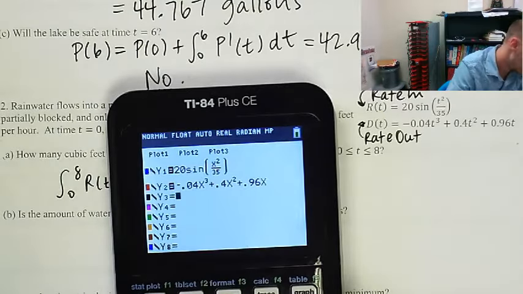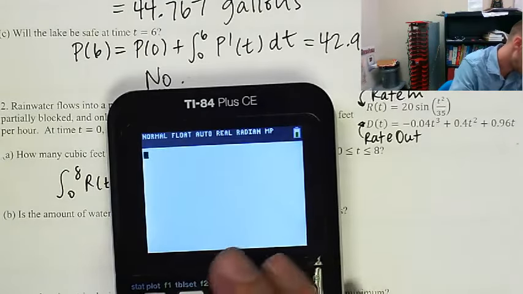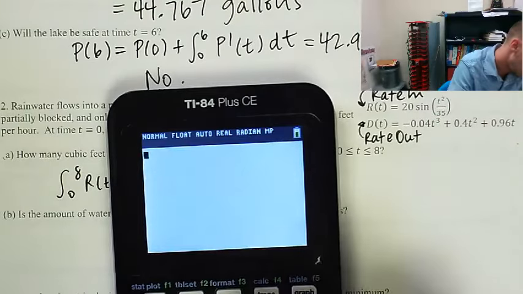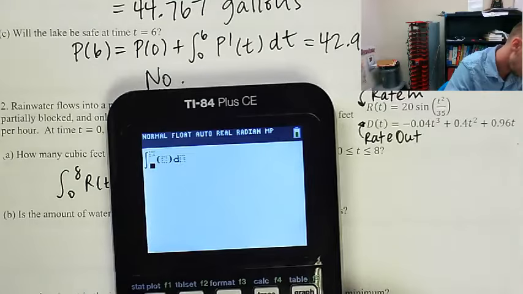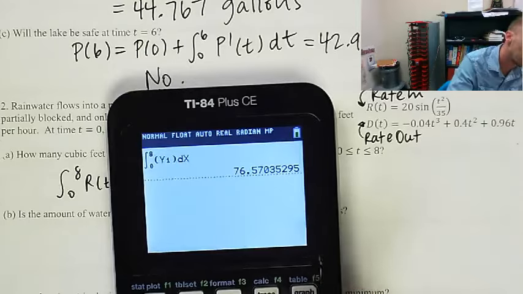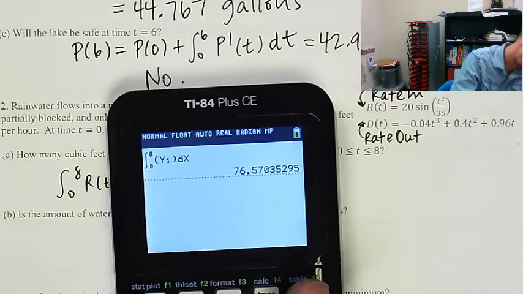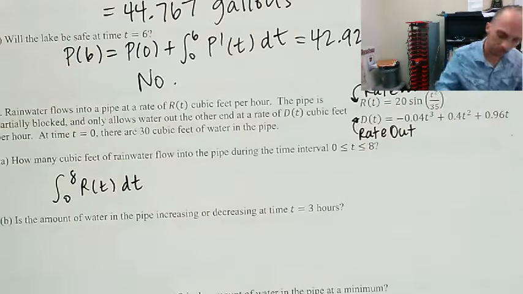All right, so I just need to integrate R of t, which I put in y1, from 0 to 8, with respect to t. That gives 76.570.